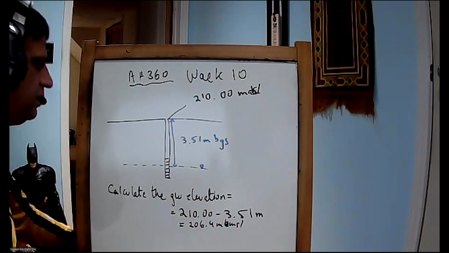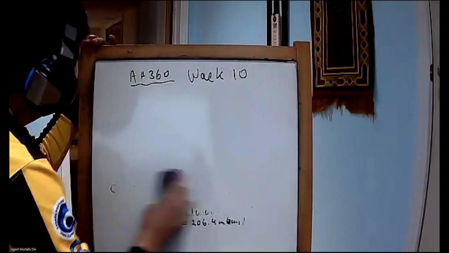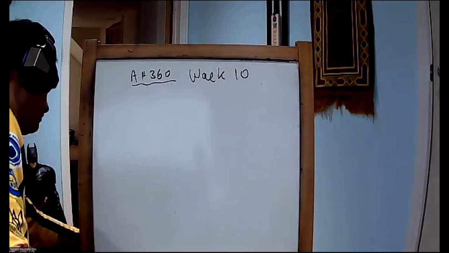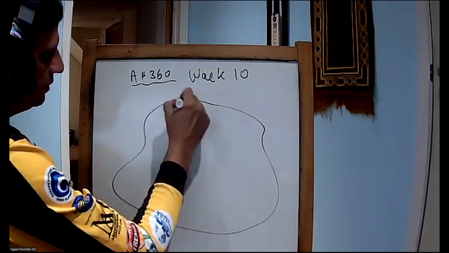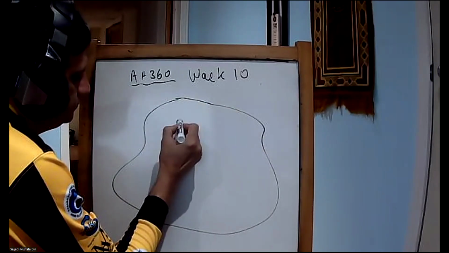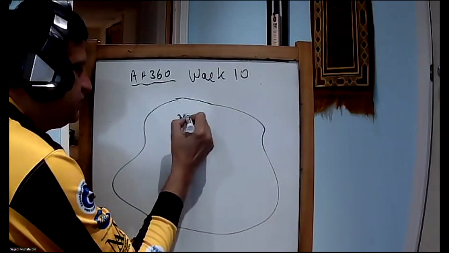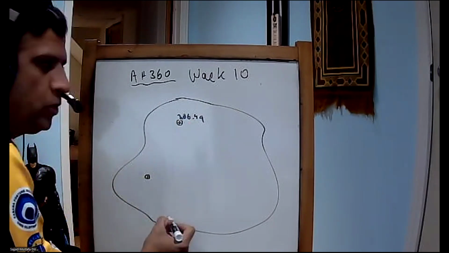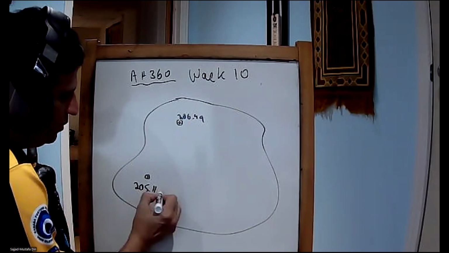Now, in your software or on the computer, you then plot this. So let's imagine that's borehole 1, and we've got 206.49. Let's say you've got another borehole here, and that's 205.11.